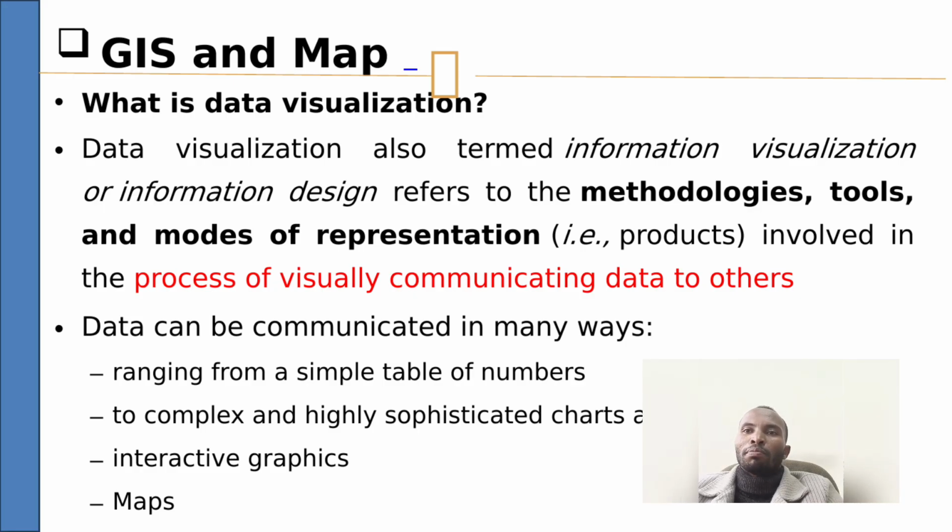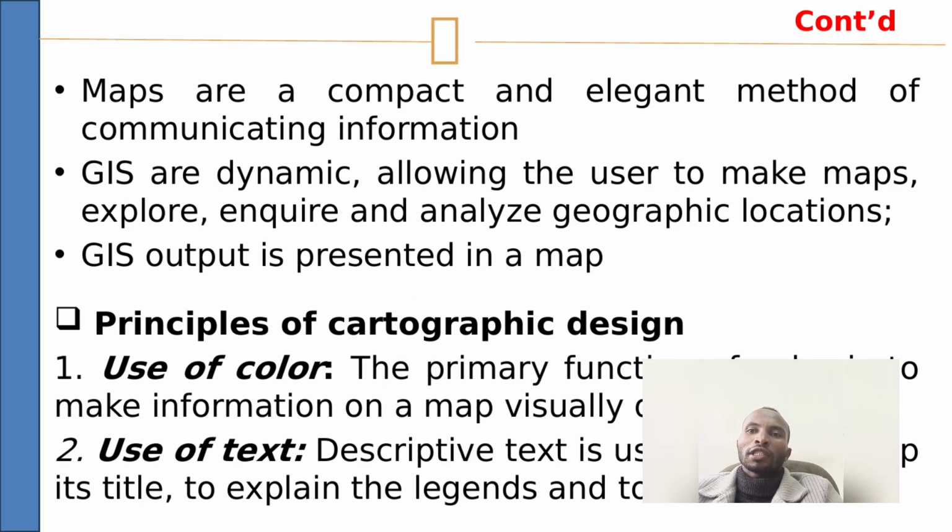Maps are a compact and elegant method of communicating information that displays spatial and non-spatial data. GIS are dynamic, allowing the user to make maps, explore, inquire, and analyze geographic locations. And therefore, the output of GIS is presented in the form of maps.